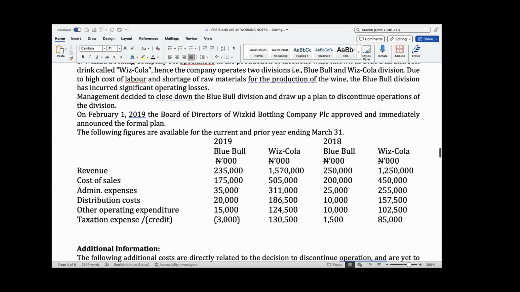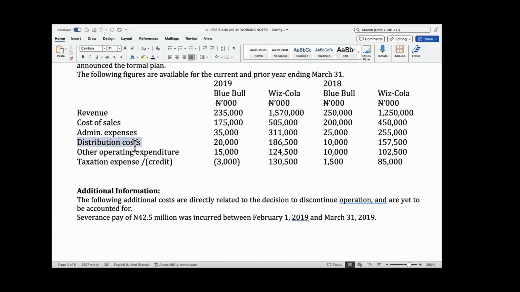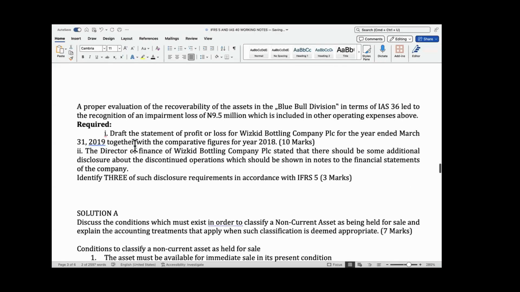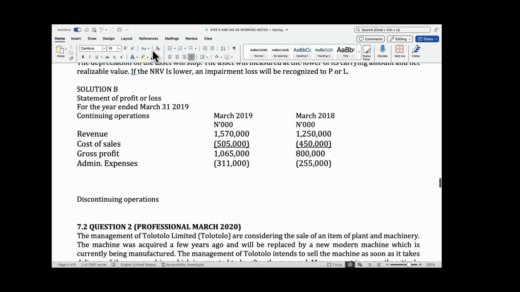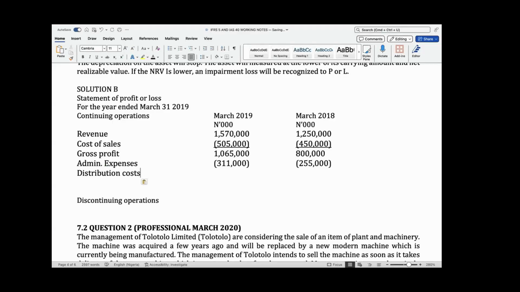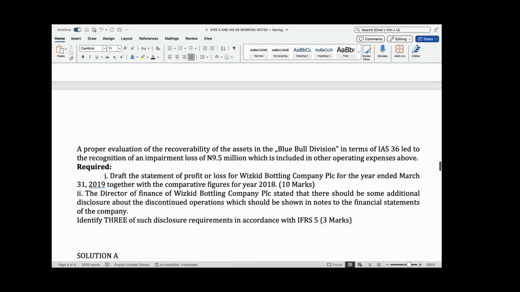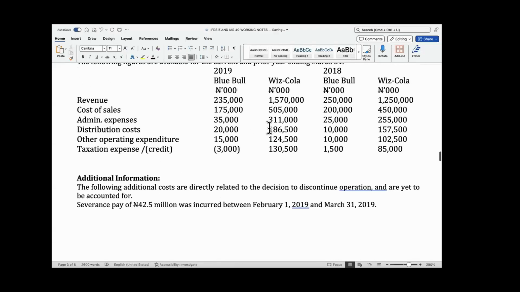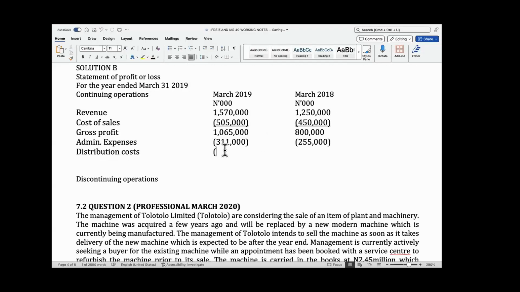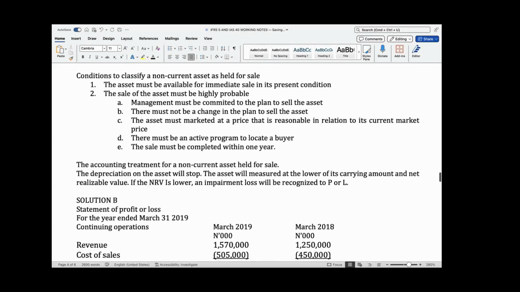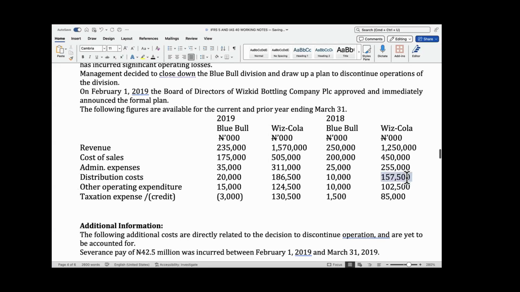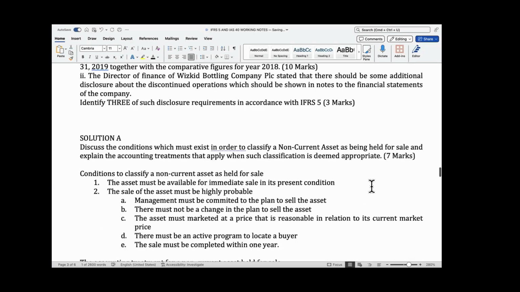That's the administrative expenses. And for the distribution costs, for 2019 we have 186,500, and for 2018 we have 157,500.